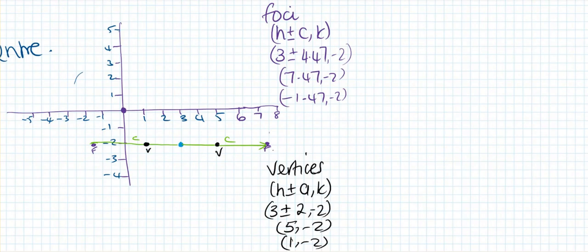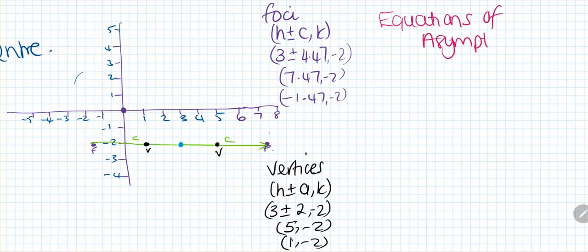Okay, we now need the equations of the asymptotes. Because we're using the horizontal form, we use y minus k is plus or minus b divided by a, multiplied by x minus h. We need to substitute in the values that we know.